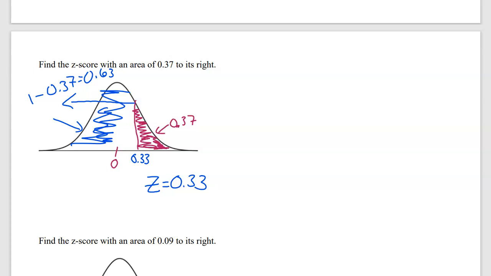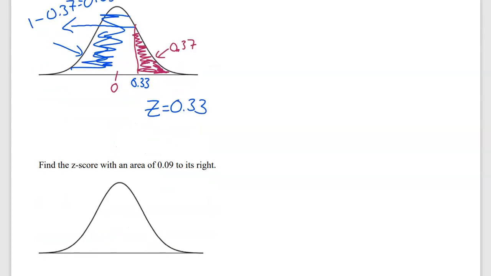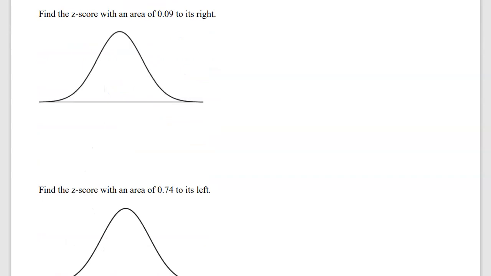Let's do one more. Or actually, let's go ahead and do the next two for right now. So we want an area of 0.09, so that's a really small area, to the right. So we're like over here, and we're to the right. So here's 0.